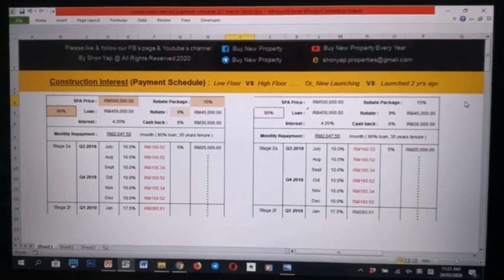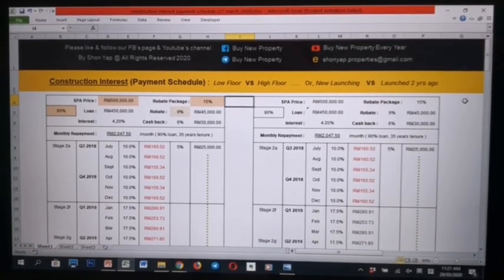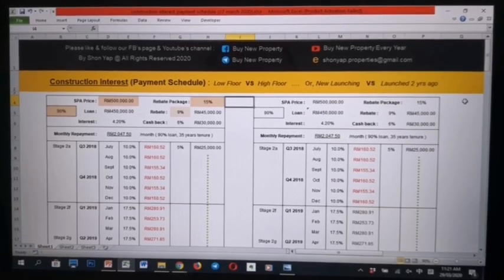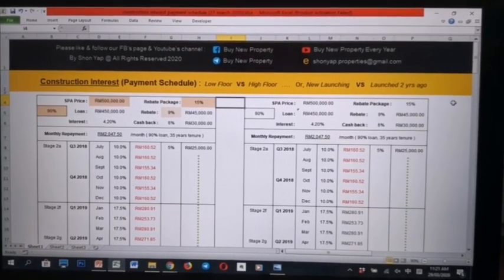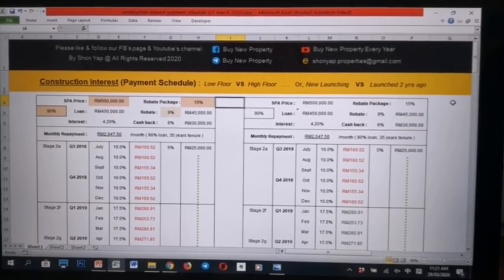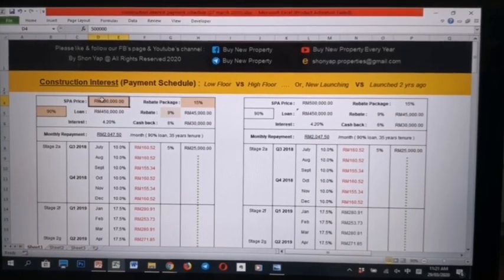Okay, so for example, the project I'm selling now is about a 5-year project, but now it has been selling for 2 years and 2 years plus, and is going to complete in about 2 more years. So this is the project price, maybe I show you 5,000 plus.